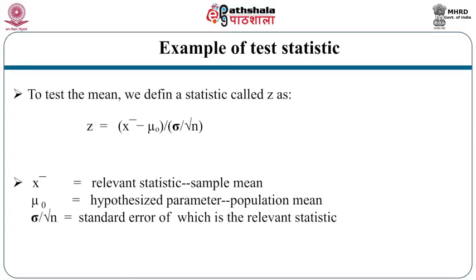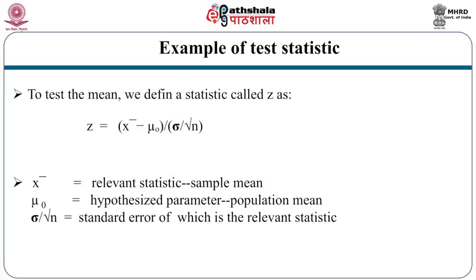So, x bar is the sample mean, mu naught is the hypothesized parameter, that is the population mean, and sigma by square root of n is called the standard error of the relevant statistic. Here the statistic is the sample mean.